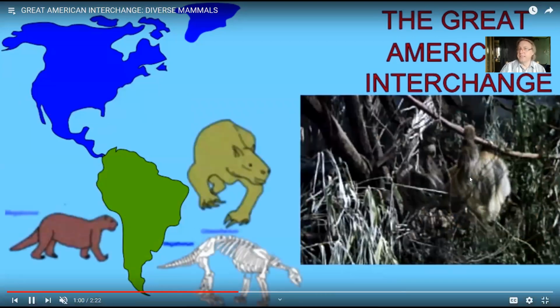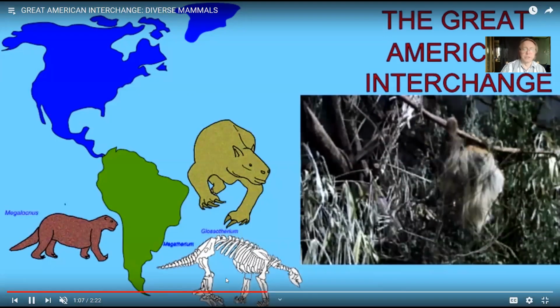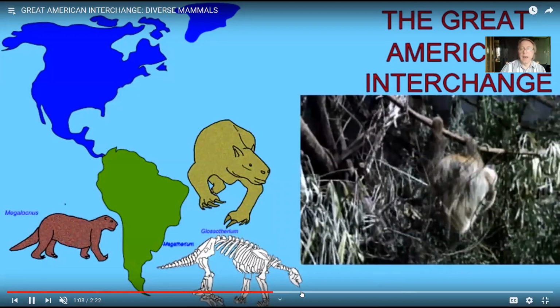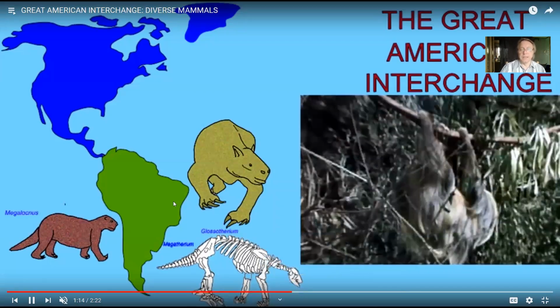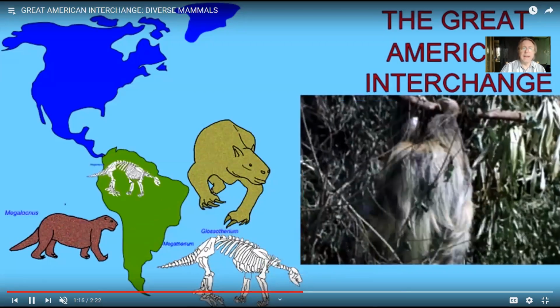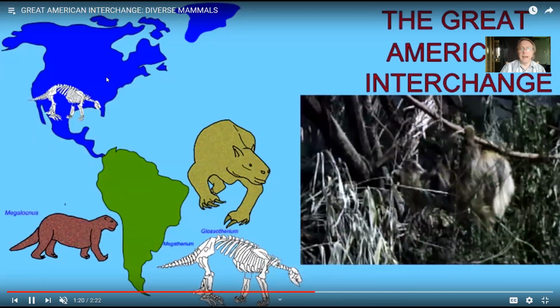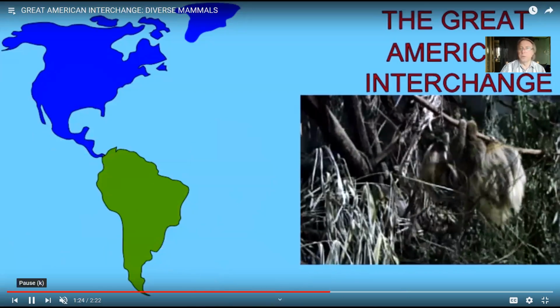So here we see a tree sloth today. They're very slow moving, living in trees, but they had elephant-sized ground sloth relatives, which were absolutely huge. They were major animals in South America. And actually in the interchange, some came to North America as well.